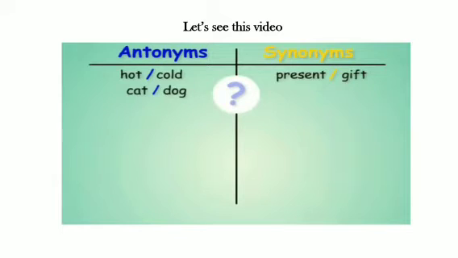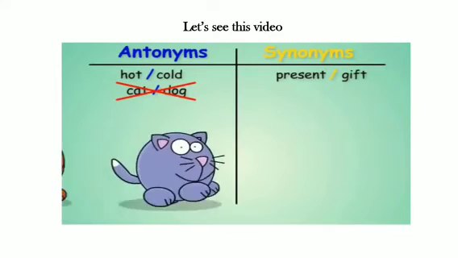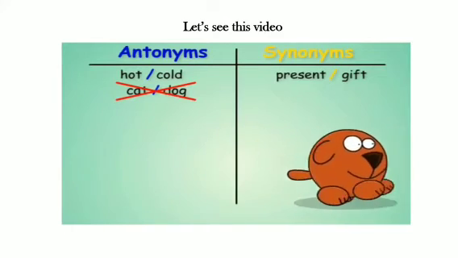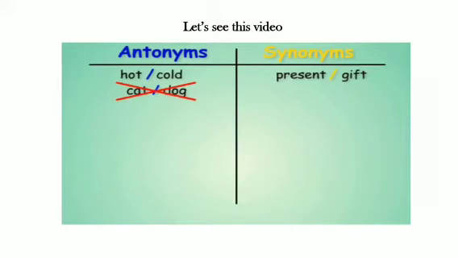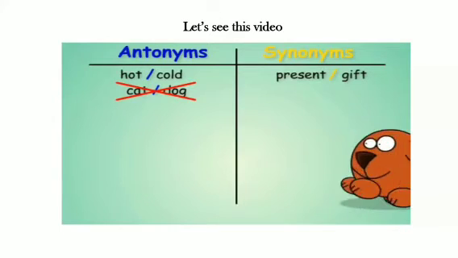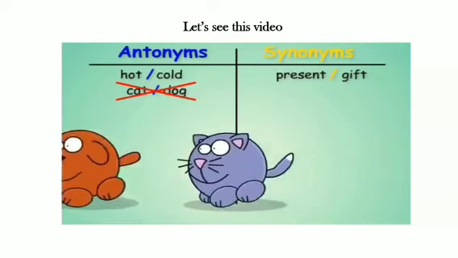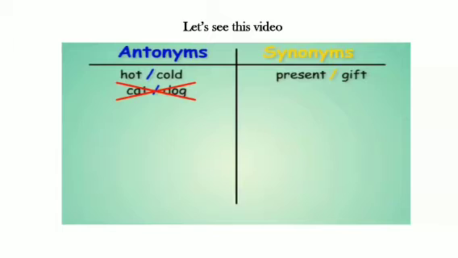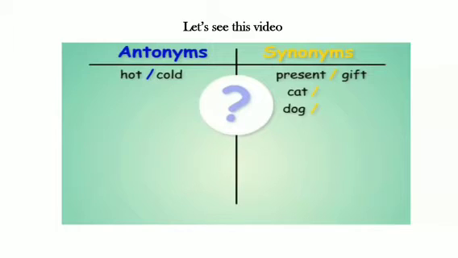Remember, that means opposites. No. Sometimes these animals do not get along, but that doesn't make them opposites. The words cat and dog don't have antonyms because there is no such thing as an uncat or an undog. But these words do have synonyms, which means what?